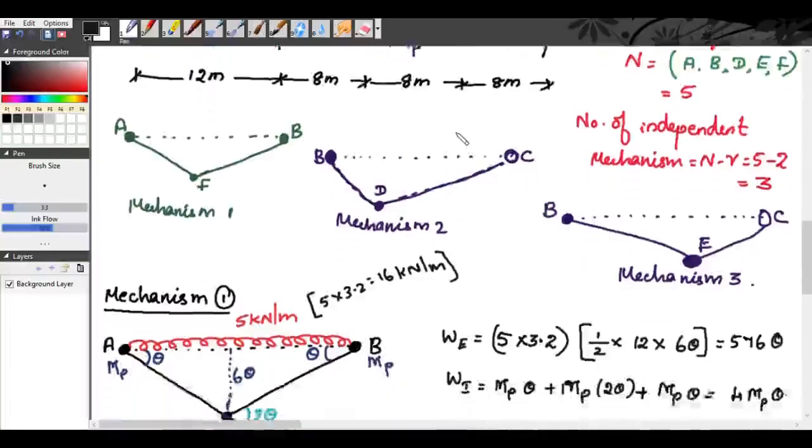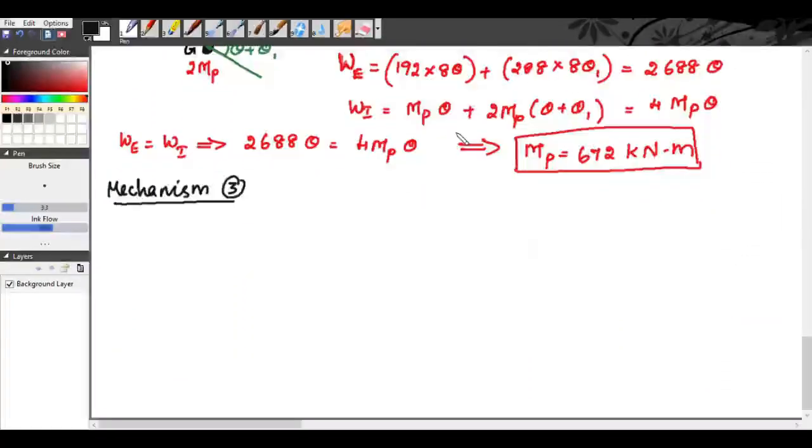Okay. So we will draw the mechanism. Similarly, like 2, we will draw the mechanism. So this is B and C. The hinge is formed at E, right? Hinge is formed at E. So here you have plastic hinge.